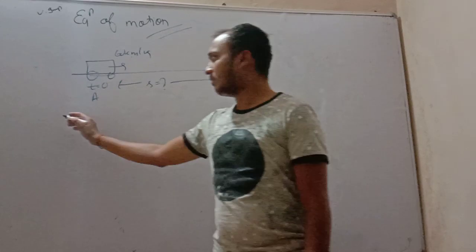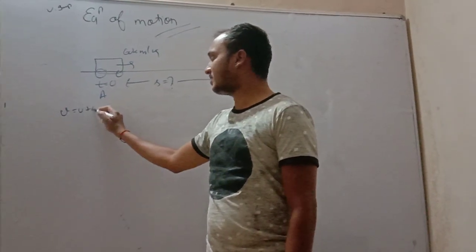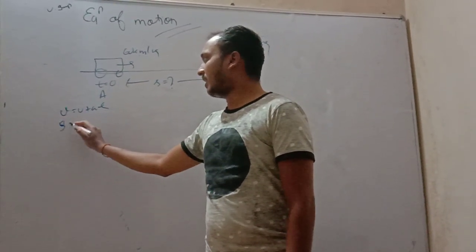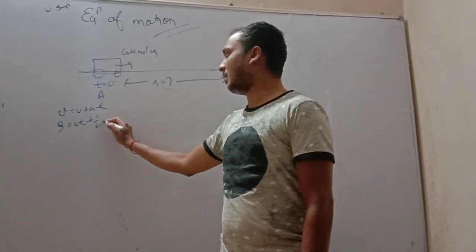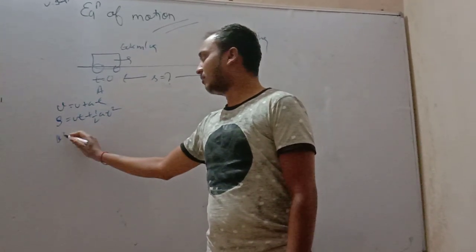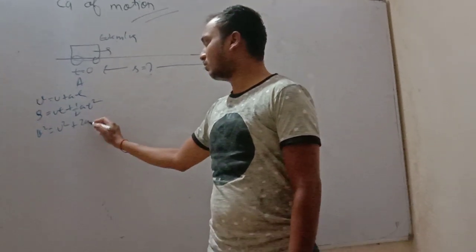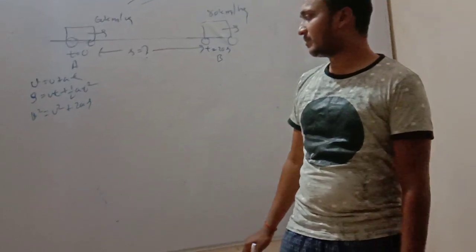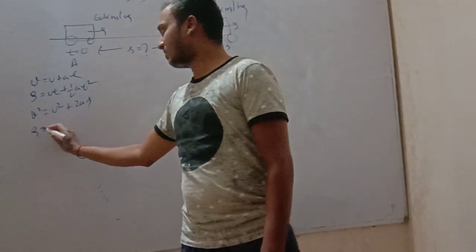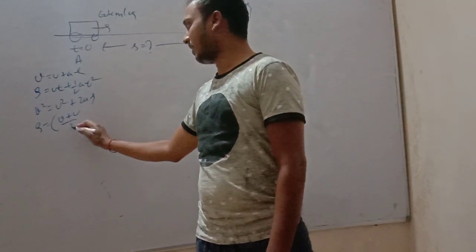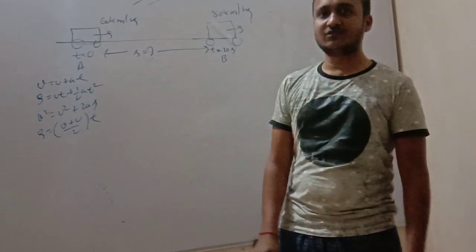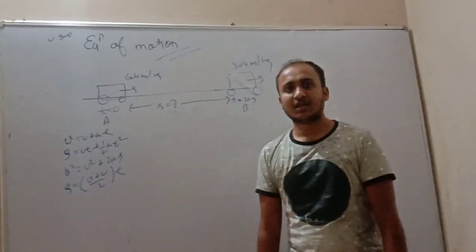So friends, we have the equations of motion: v equal to u plus at, s equal to ut plus half at square, v square equal to u square plus 2as, and s equal to (v plus u) by 2 into t. Which equation will be used?